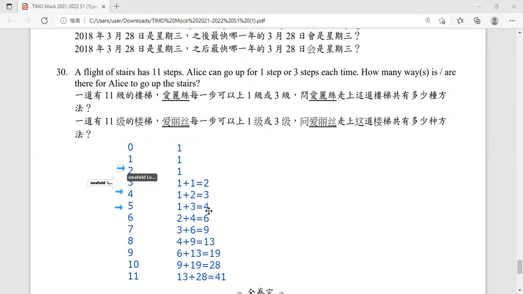So it's just an addition rule. For step 6, you have to come from step 5 and step 3, so you add the 2 totals, you get 6 here. So you just continue adding.